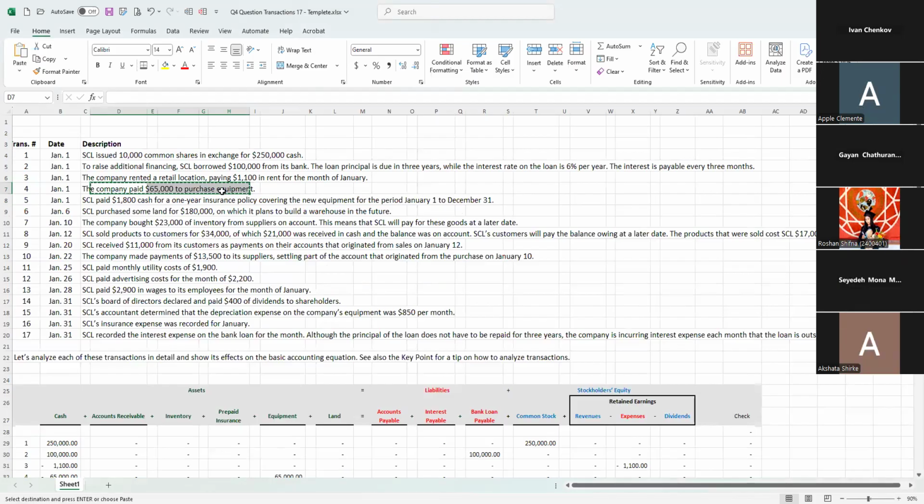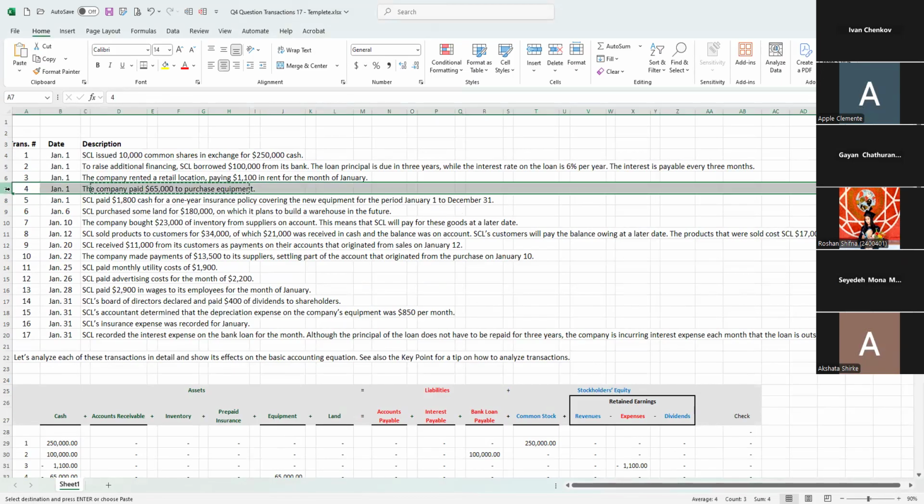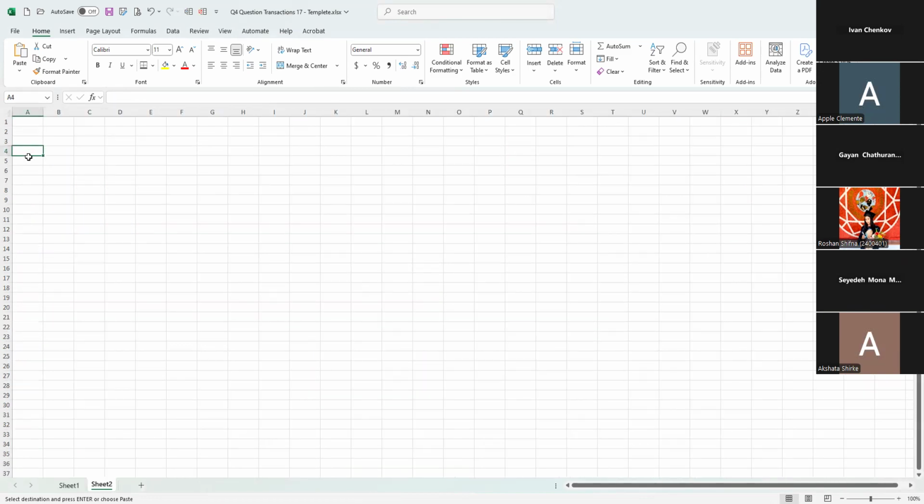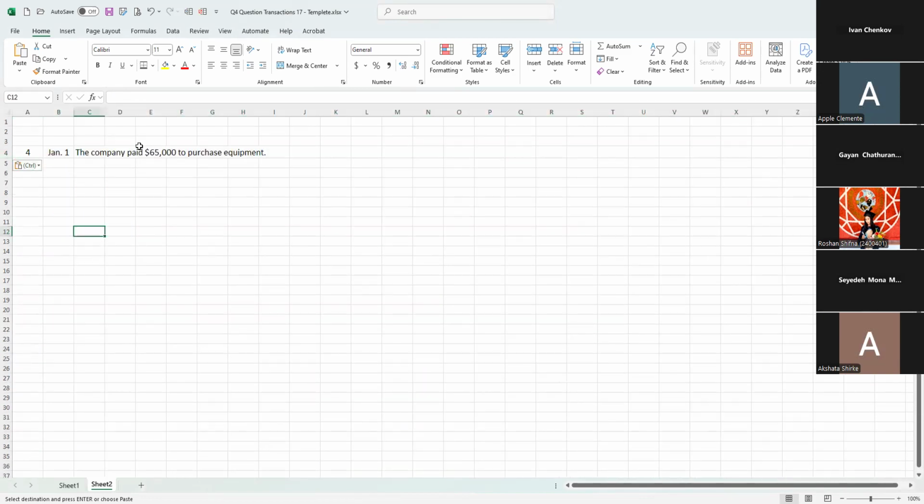So we purchased this equipment. I'm going to open a new Excel spreadsheet here, and I'm going to put it here. Now we're planning to use the equipment for 6 years.